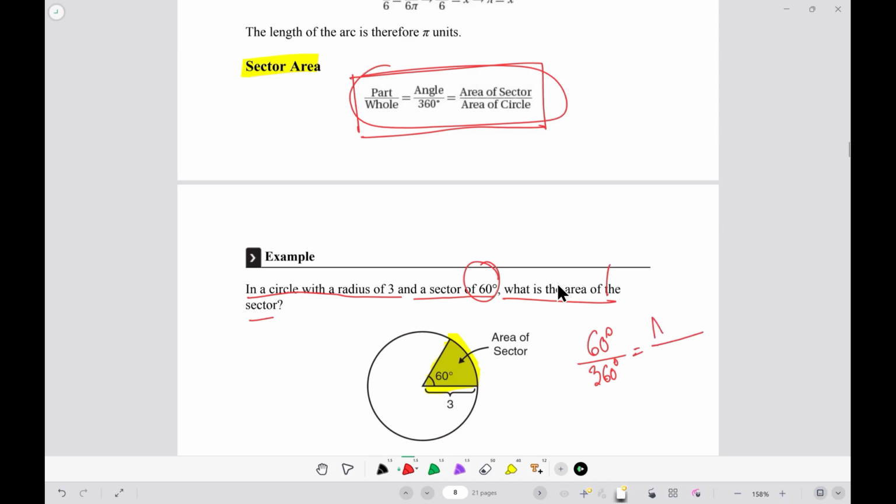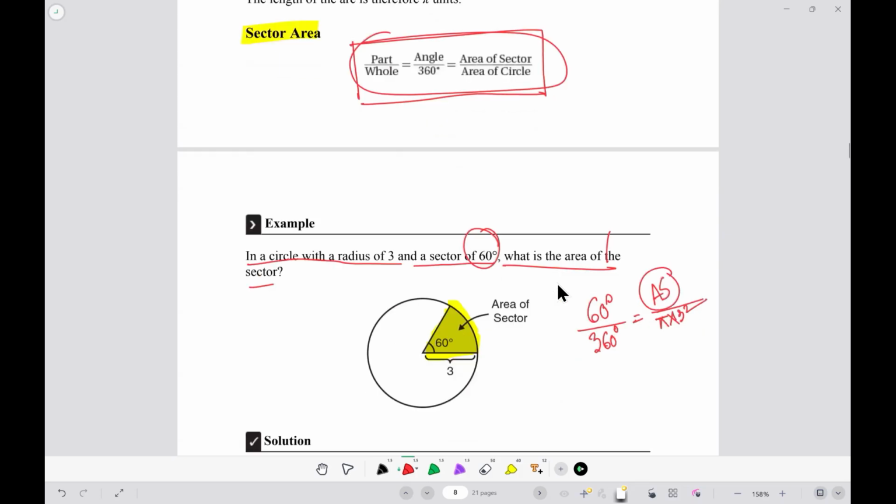For example, this is the area of sector. We are just denoting it with AS. And then the area of the circle, pi r square. Then you just need to find the AS.